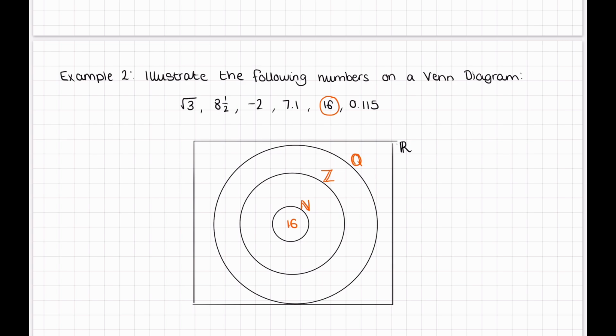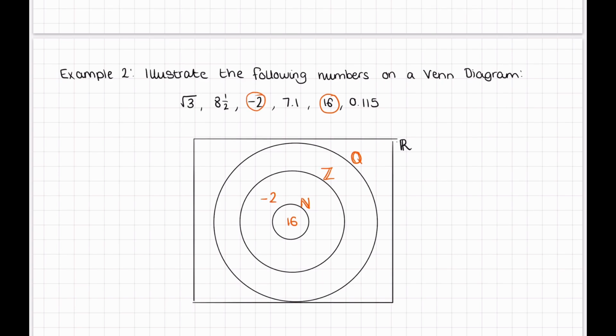I want to know which other numbers are integers. The only one we have is -2, that is the only other whole number. Outside there we've got rational numbers, so which of these can be written as a fraction, which would be 8.5. And then when we come to the actual decimal numbers, 7.1, 0.115 and √3, any decimal number that ends can be written as a fraction.